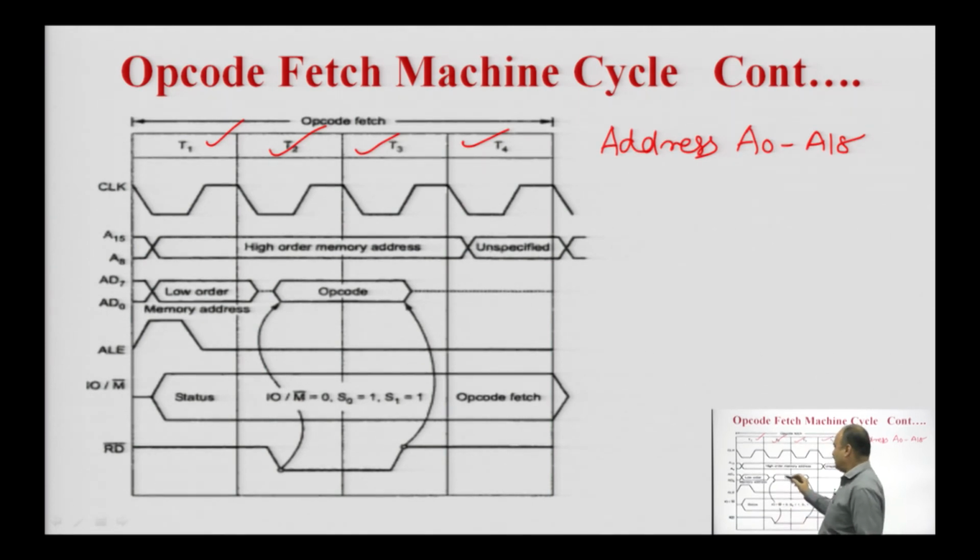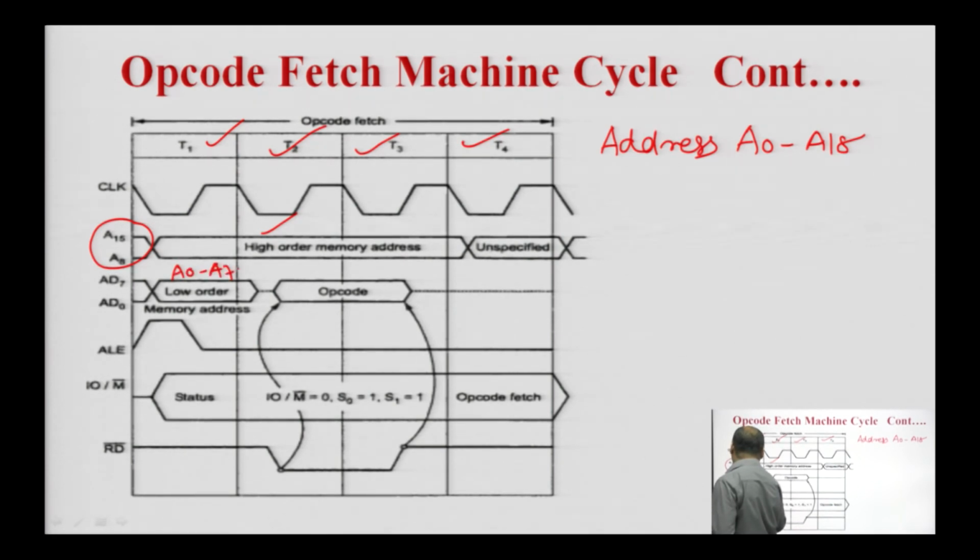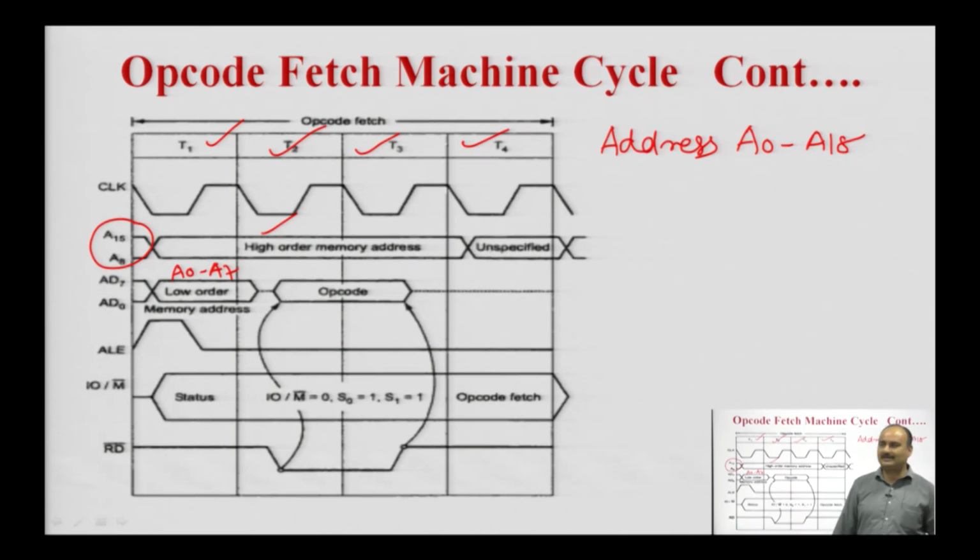Here the A8 to A15 address lines carry the high order address, and the low order address is carried by the A0 to A7 address lines. This way the processor carries the total 16 bit memory address on lines A0 to A15.